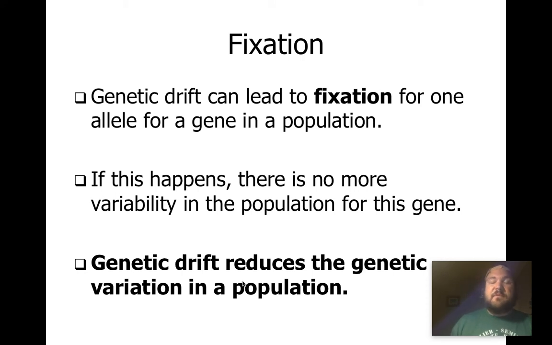If this happens, there's no more variability in the population for this gene, and therefore the amount of genetic variation has been reduced. So the key take-homes for genetic drift that we just went over are: 1, it has a greater effect in small populations, and 2, as I'll show you in a real-world example in just a second, it tends to decrease the amount of genetic variation in a population.